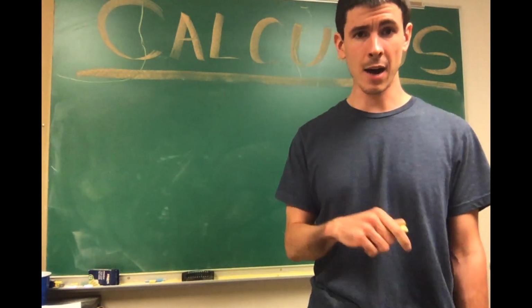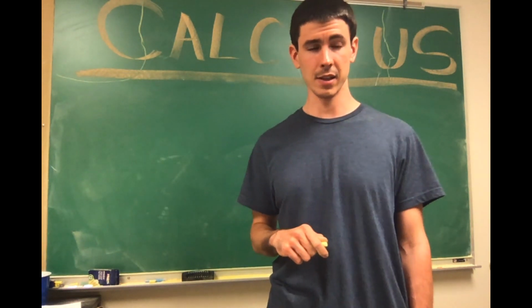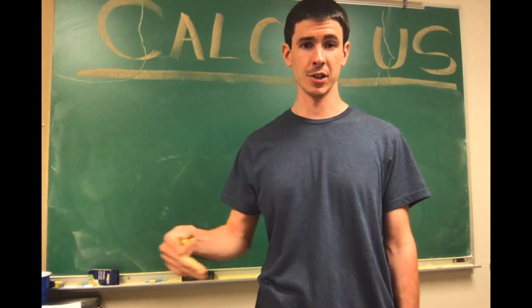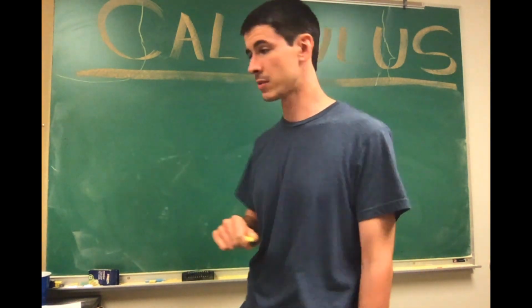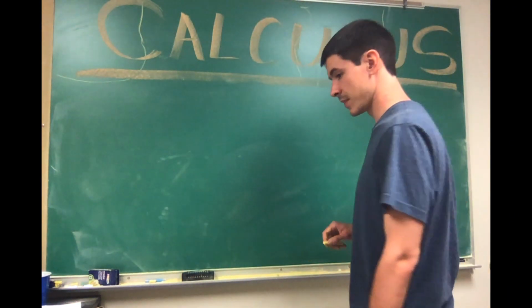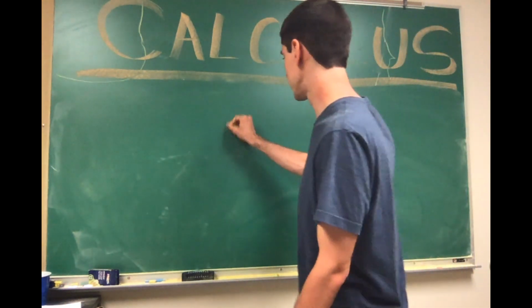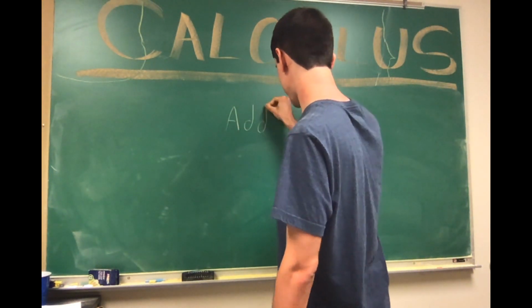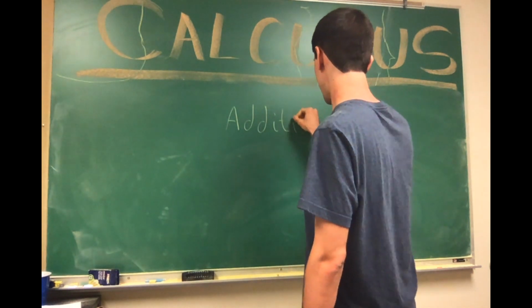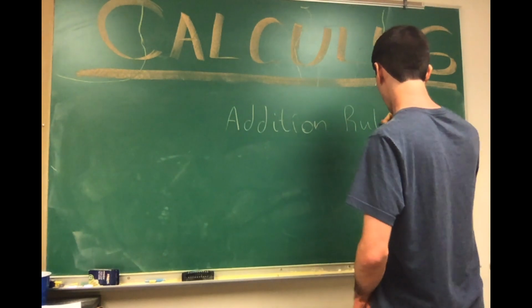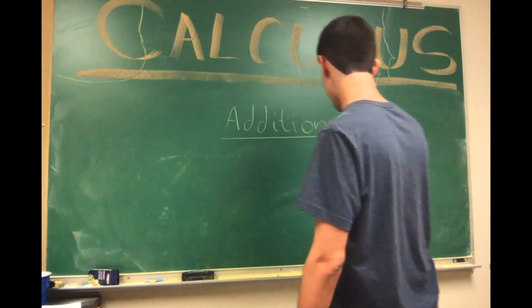But right now we're just going to talk about the more basic case of the addition rule and the constant multiplication rule. So let's start with the addition rule, which follows immediately from the addition rule for derivatives.